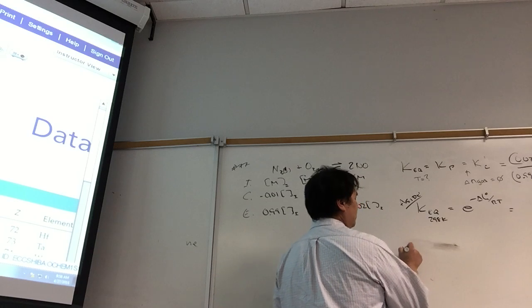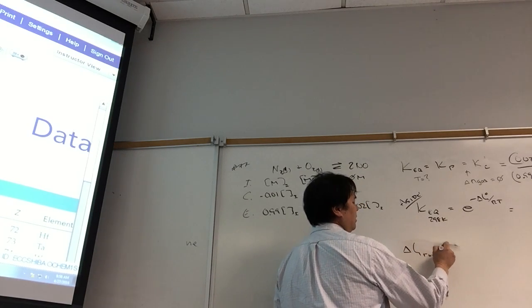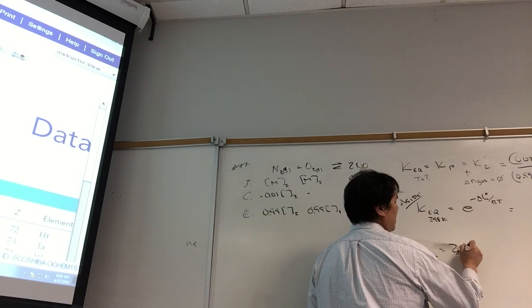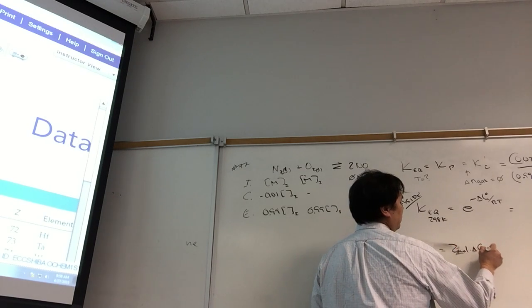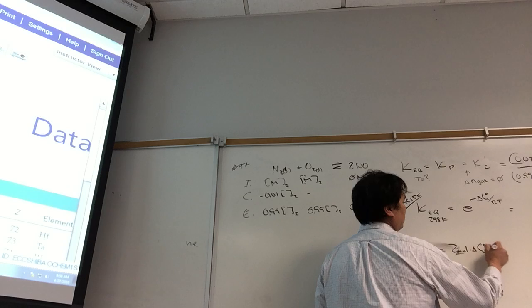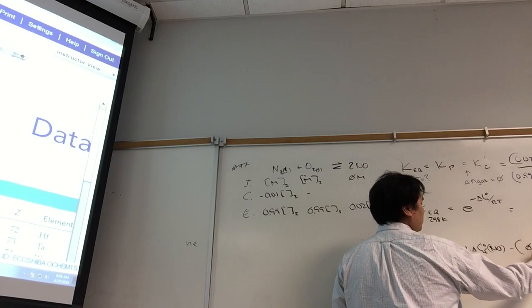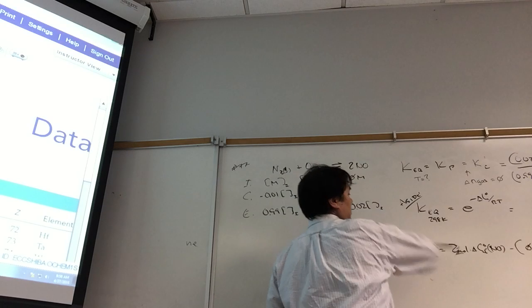The delta G for this reaction is equal to 2 moles times the delta G of formation of NO, minus the reactants. The reactants are going to be 0 and 0 because they're elements.